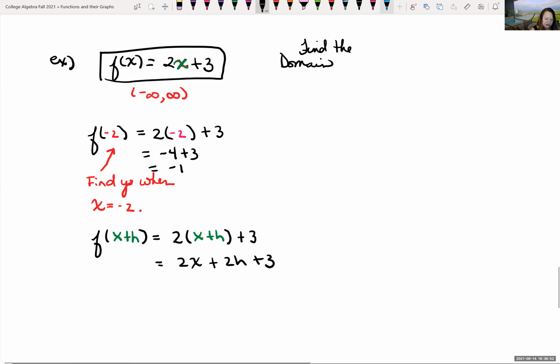Let's say it wanted you to, so I'm going to say that was A, this is B, this is C. Let's say it says find negative f of x.